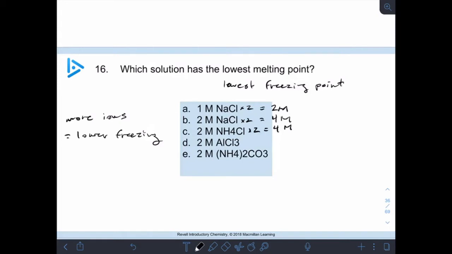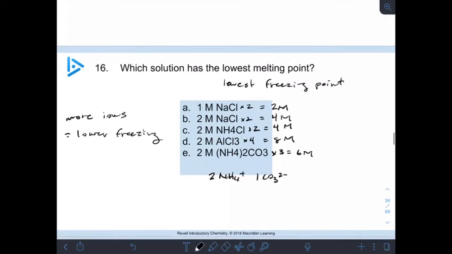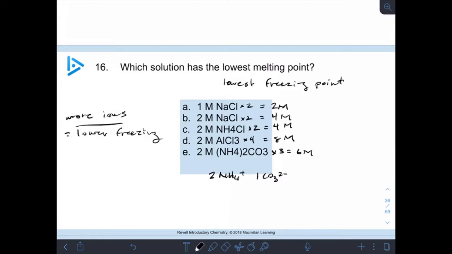Aluminum chloride, that's 1 aluminum ion and 3 chloride ions, so there's 4. So that gives us 8 molar. And (NH4)2CO3, that means that we have 2 NH4 pluses and 1 CO3 2 minus. So that means there's 3 ions there. So times 3 gives us 6 molar ions. So the one with more ions gives us the lowest freezing point, or the lowest melting point.